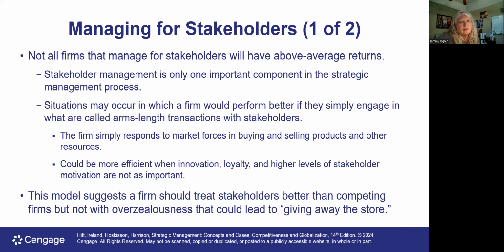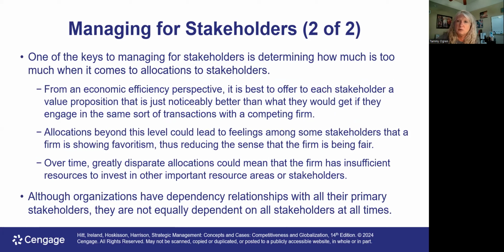And it doesn't mean that the firm should treat stakeholders poorly. In fact, poor treatment is likely to lead to competitive problems over time as they choose not to work with us. And those unequal dependencies mean that stakeholders can possess different degrees of ability to influence us, to harm us, or to help us.